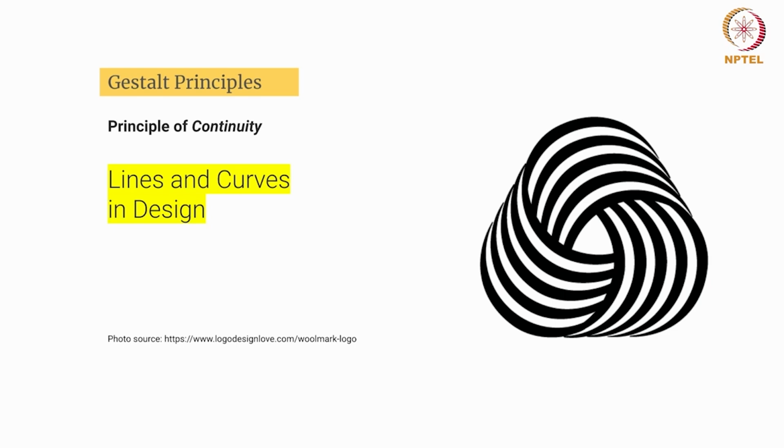And you can see how the lines and curves give you a sense of 3D illusion, like a loop which is never ending. And this is where the principle of continuity comes in, as I said, it's a never-ending way of representation.